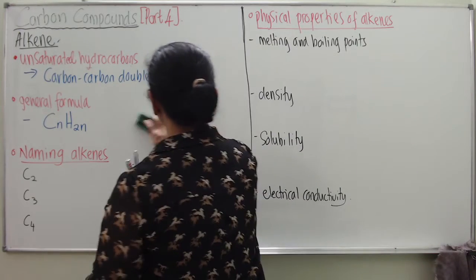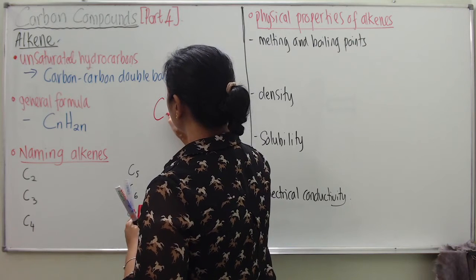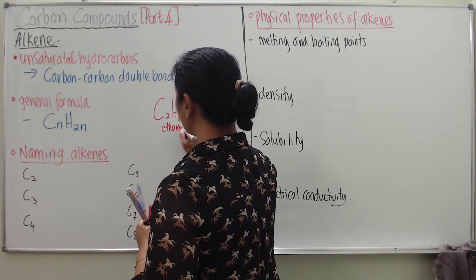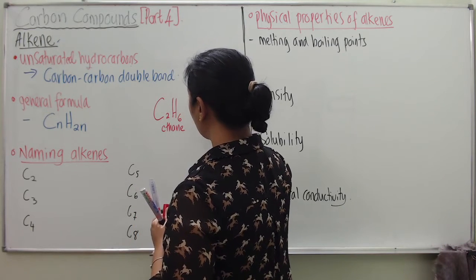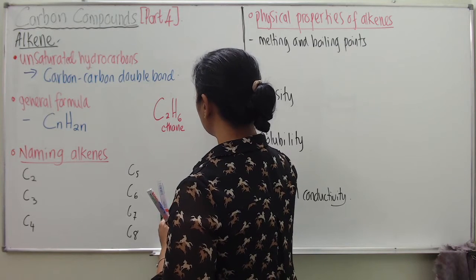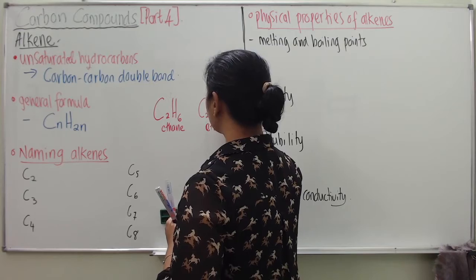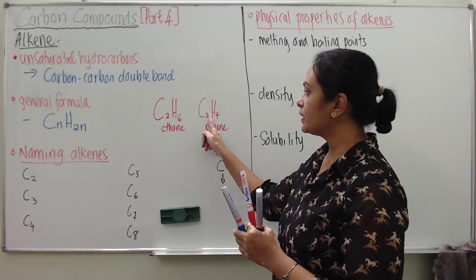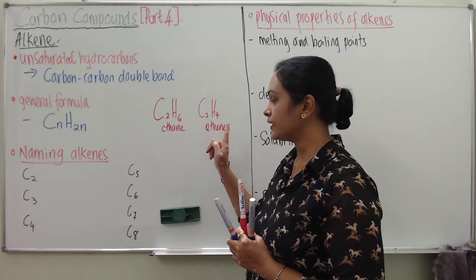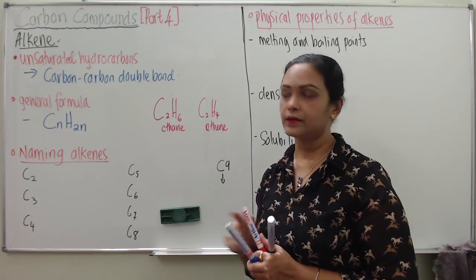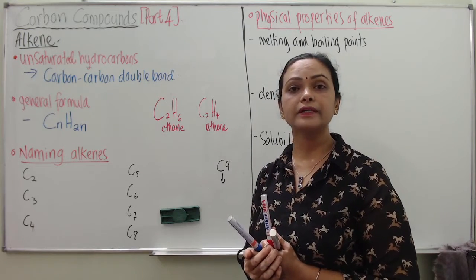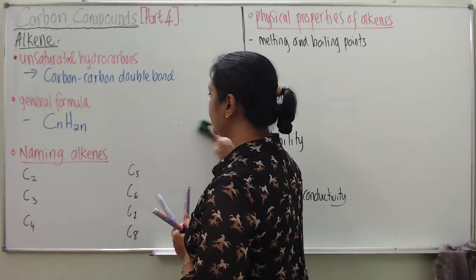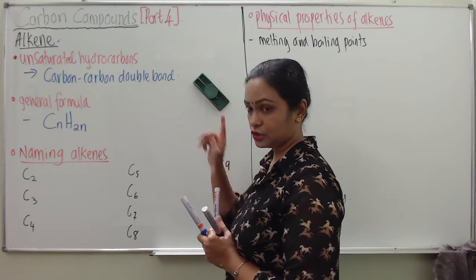If we compare C2H6, this is ethane, with the same amount of carbon, C2H4 for ethene. You will find that the amount of atoms is lesser in alkene compared to alkane, thanks to the presence of the carbon double bond. You will understand better when I explain the naming of alkenes and also their structural formula.